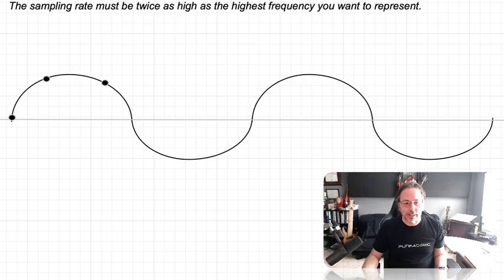Now let's say the waveform is moving even faster, and now we're getting data at, let's say, these points. Now our brain's going to put together this. Let me make a better line there.